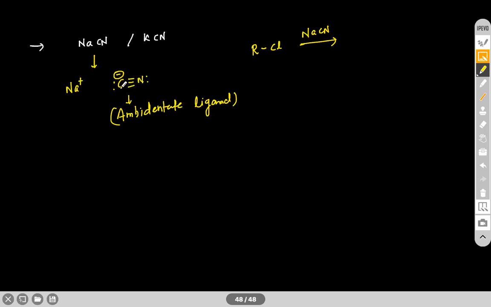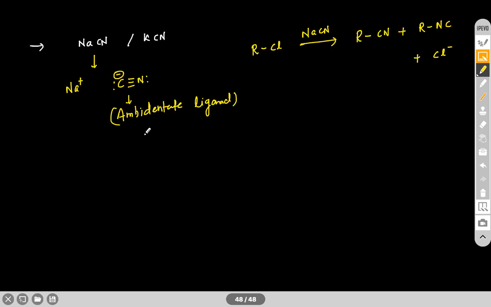So here we have both ends to attack onto this positive charged carbon. So if carbon attacks here, we'll get RCN. If nitrogen gives this pair of electrons to this alkyl group, we'll get RNC, and Cl minus goes out.